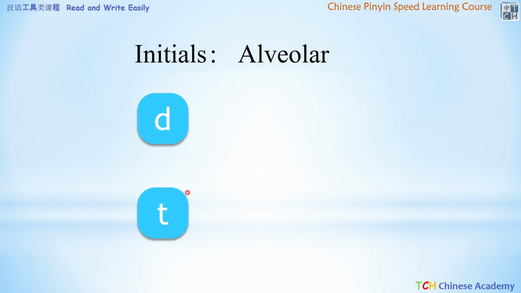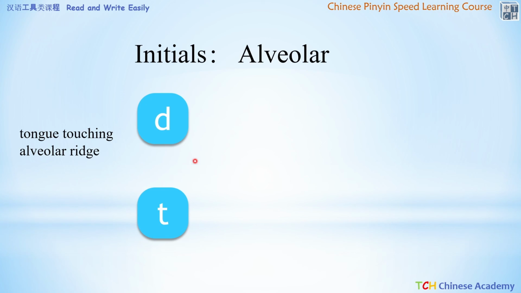But if you do have some problem differentiating them, now let's try to compare. And first of all, something in common, that is when we pronounce these two sounds, try to make sure the tip of the tongue is touching the alveolar ridge.